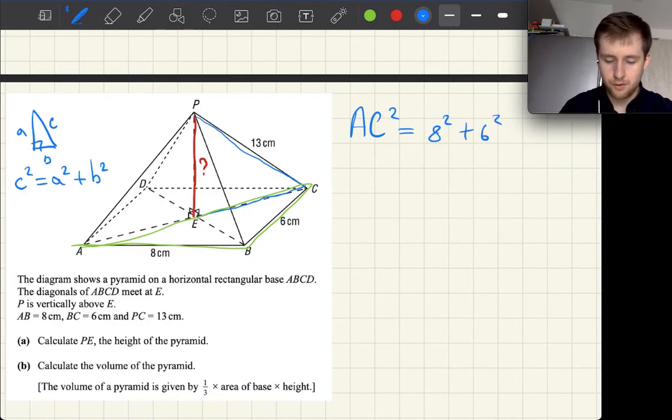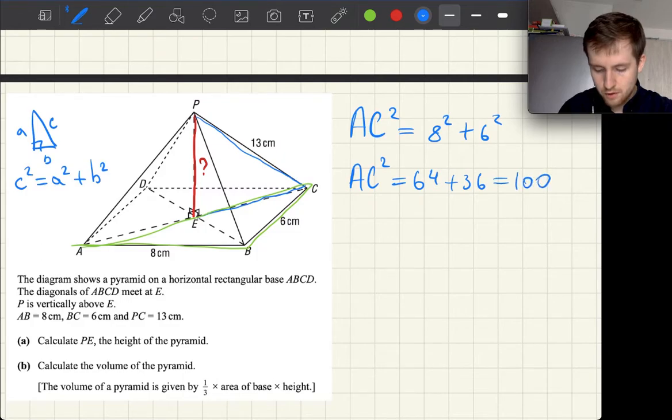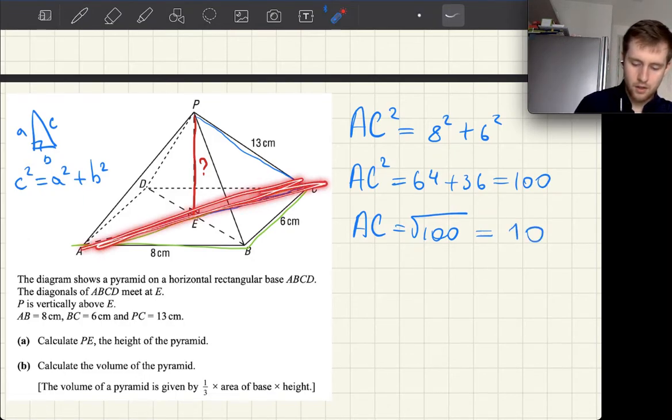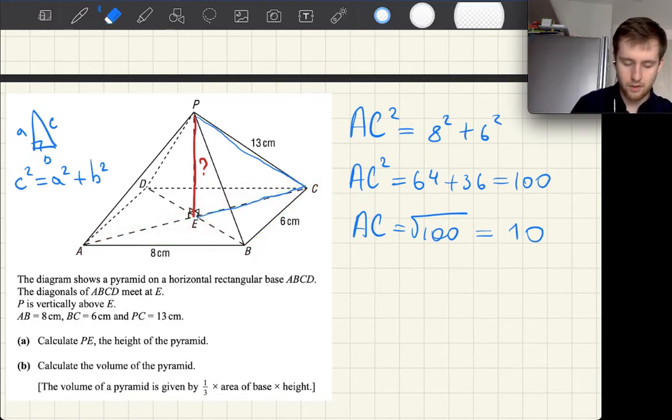Very classic. So AC squared equals 64 plus 36 equals 100. So AC equals the square root of 100, which equals 10. So this side AC is 10 centimeters.